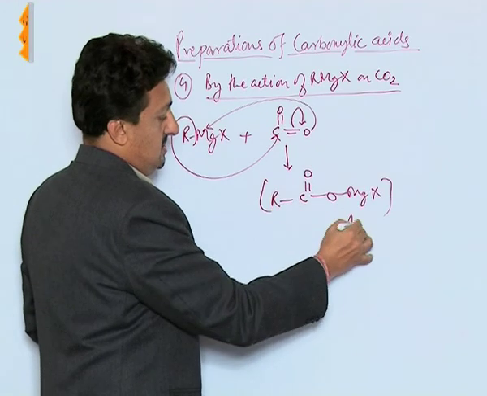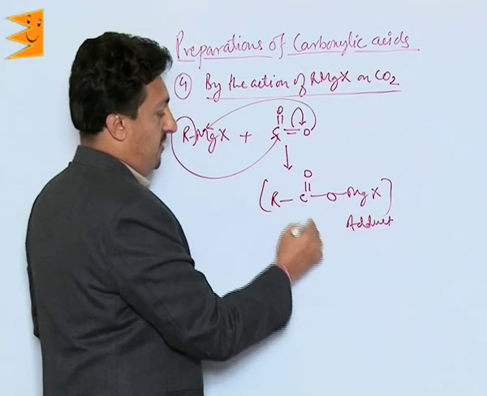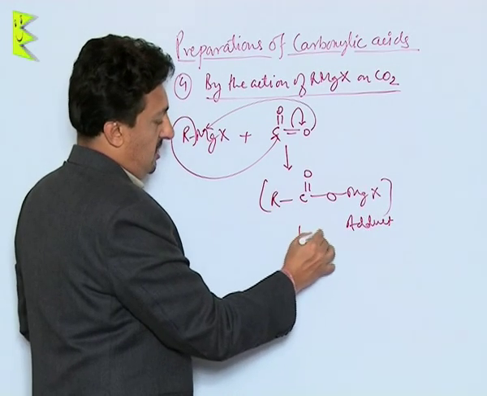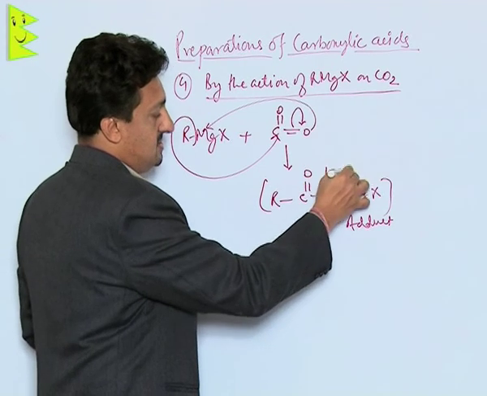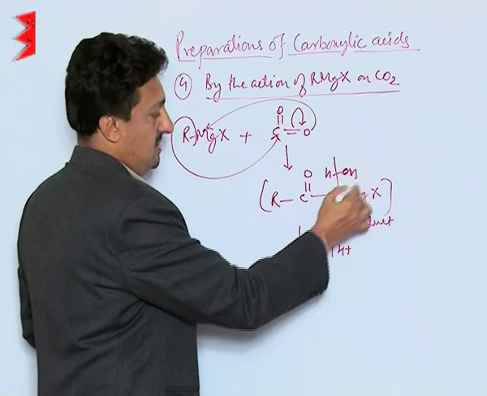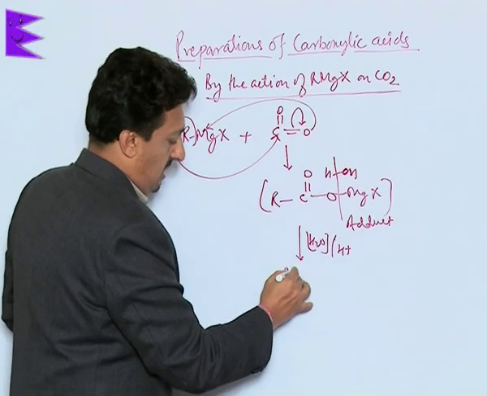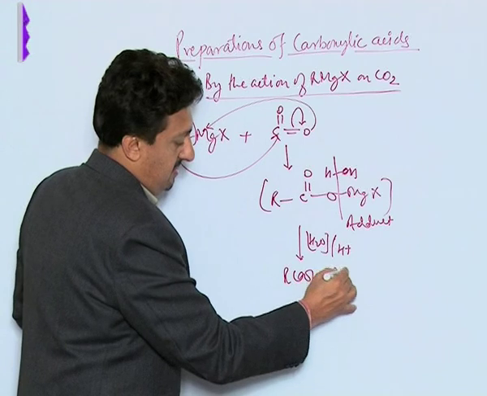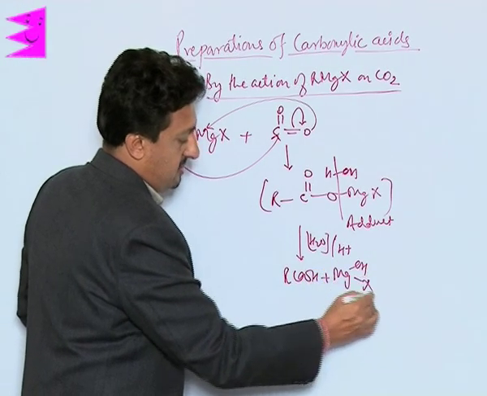So this adduct is formed, which on acidic hydrolysis gives us what? Carboxylic acid plus magnesium hydroxyhalide.